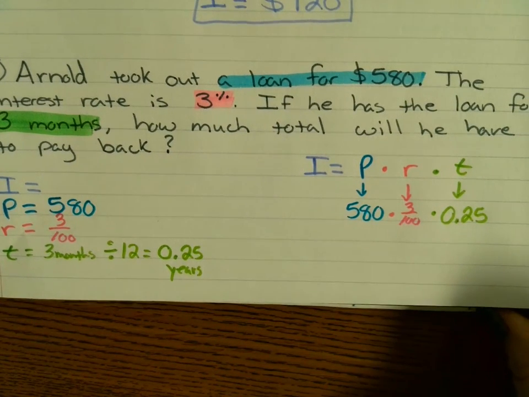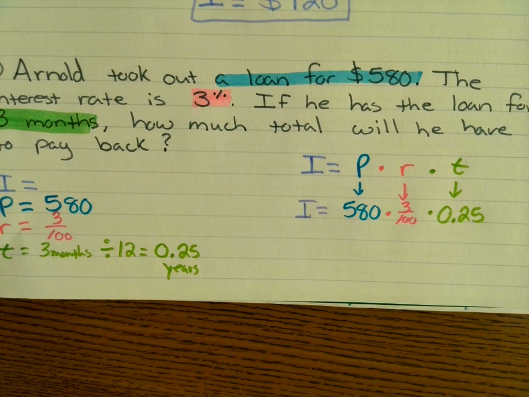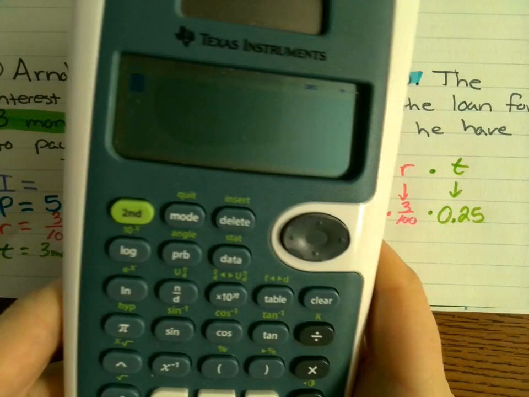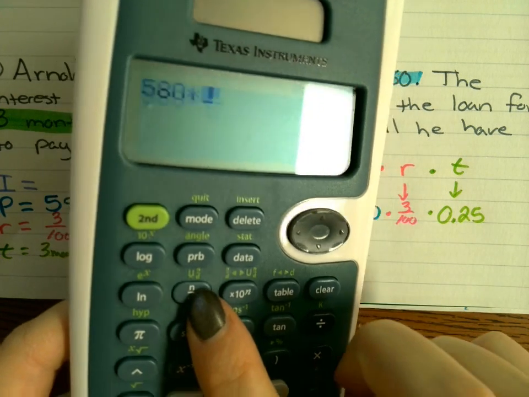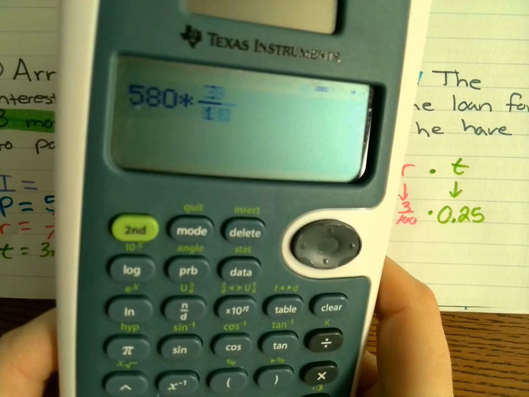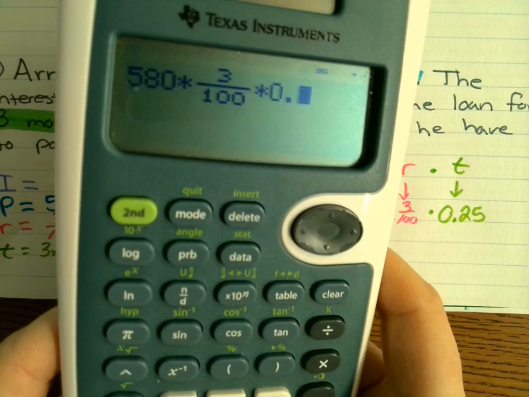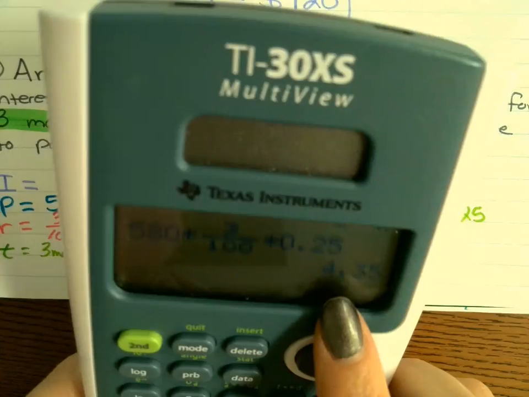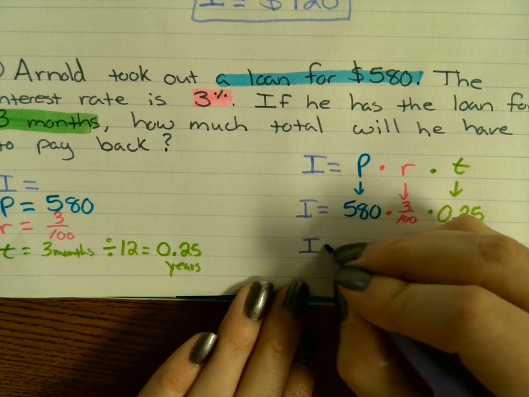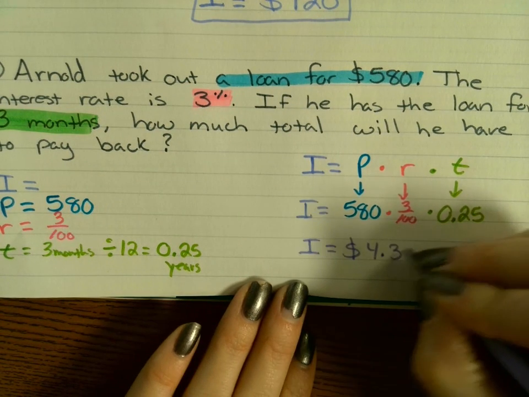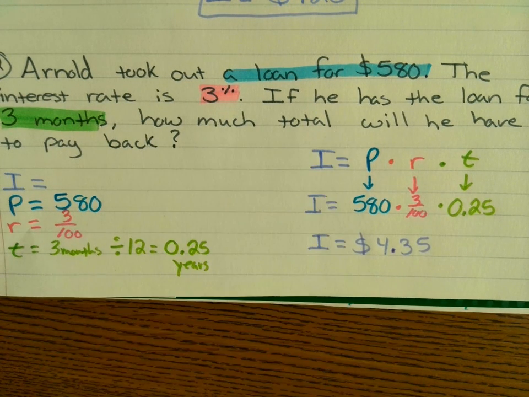We're going to multiply those together to get the interest, the I. So again, you'll take your calculator, type in 580 times, hit your fraction button, put 3 over 100, get out of the fraction, hit times, and put 0.25. There's your answer, $4.35. So the interest that's earned after 3 months is $4.35.